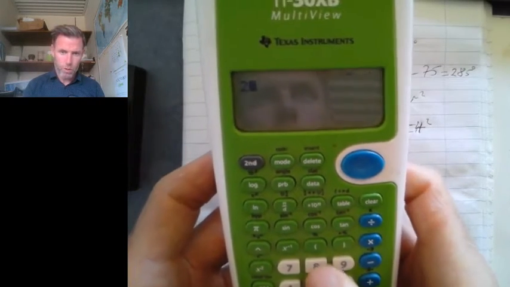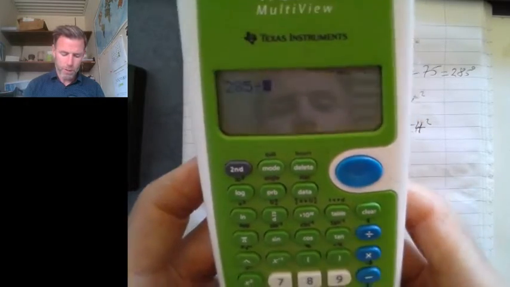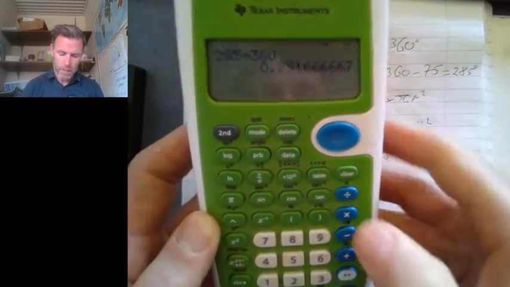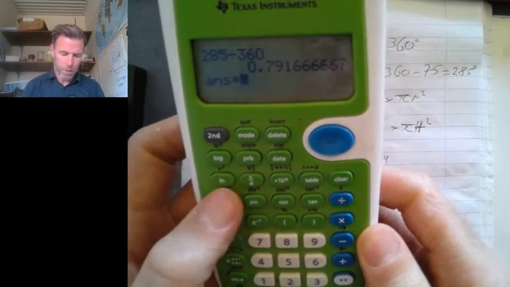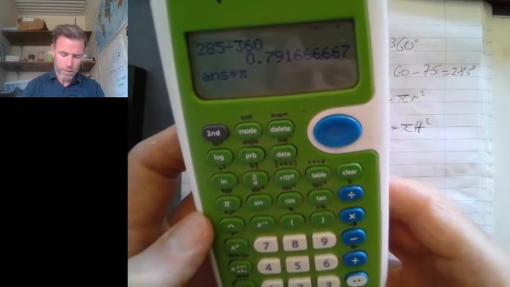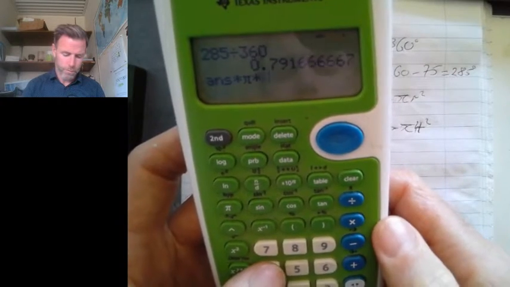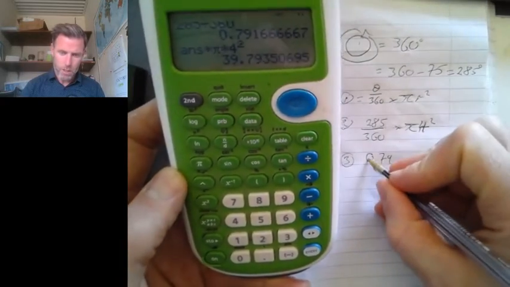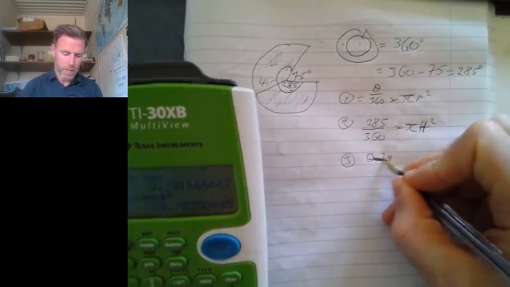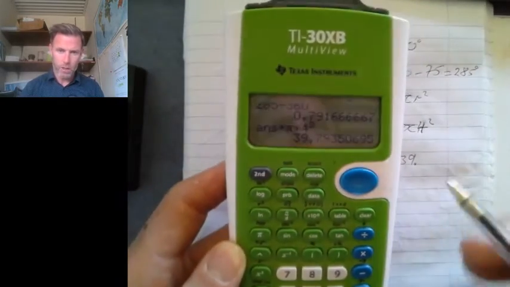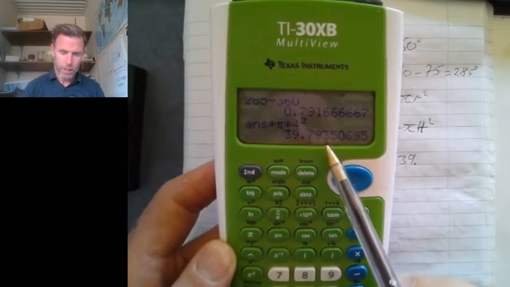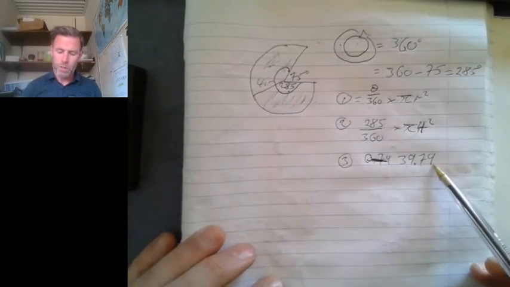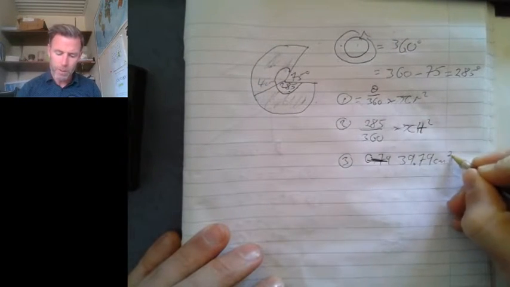You've got 285 divided by 360, so you've got 0.79, times pi, times 4 squared, and my answer down here then is 39 point, and I'm going to go to 2 decimal places. This is the 3, so therefore this one stays the same, 79. And again, we had centimeters here, so I'm just going to stick the centimeters here. It's centimeters, and because it's area, it's centimeters squared.